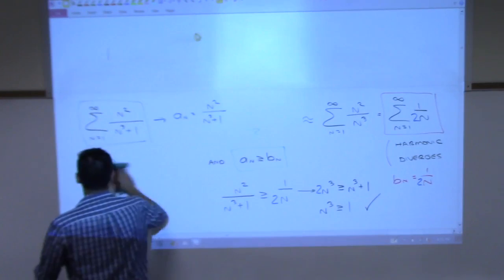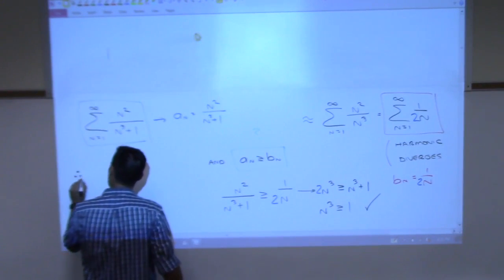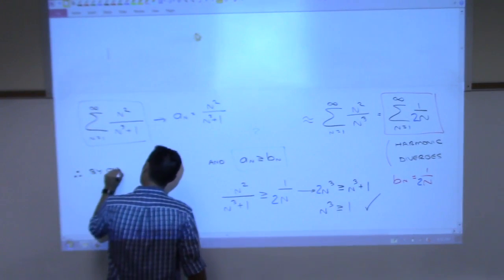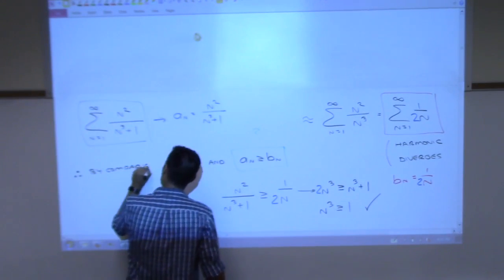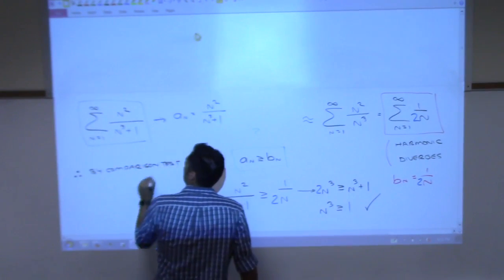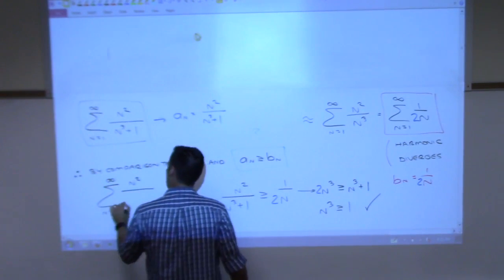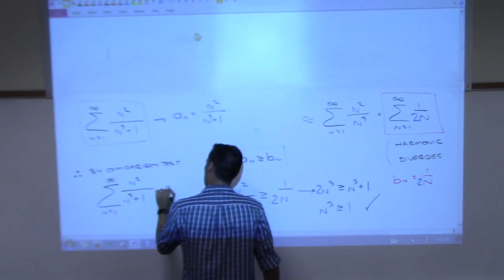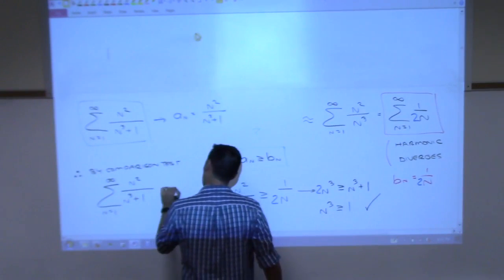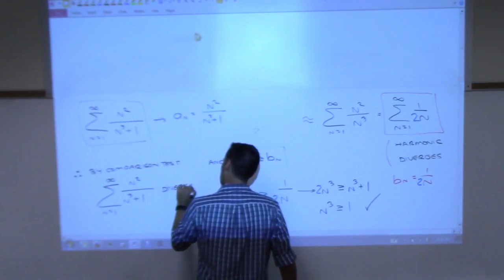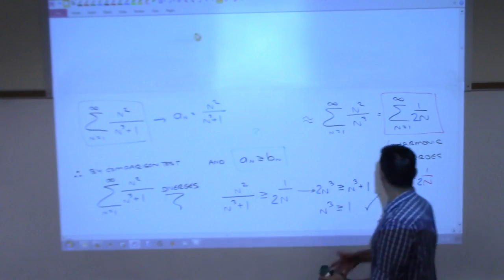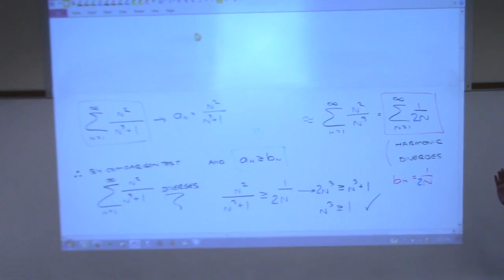So therefore, by comparison test, the sum from n equals 1 to infinity of n squared over n cubed plus 1 diverges. Did I say converges? Okay, it diverges because that's what this one does, right? Interesting, huh? Sort of test.